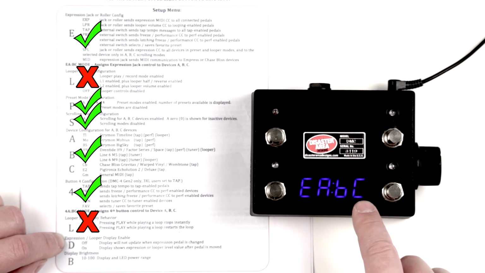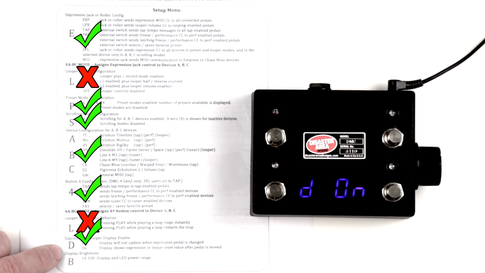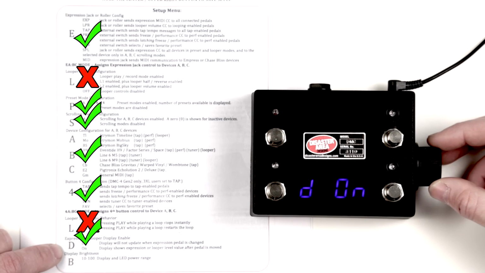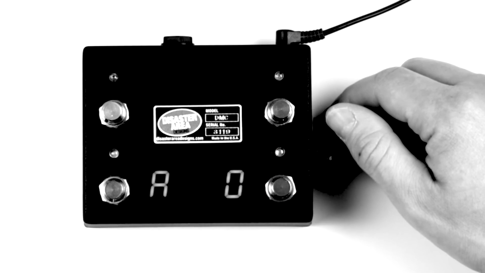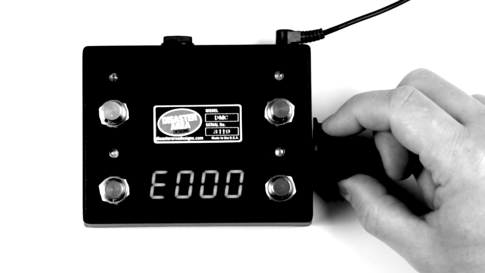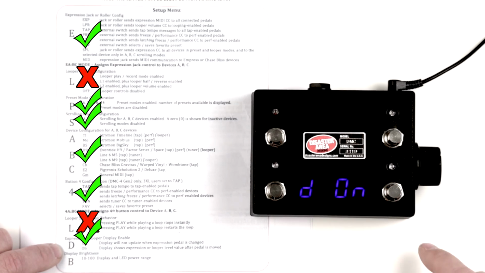I have it set up to just control all three. Okay, moving on down the list, we can turn the expression looper display on or off. And what this does is as you roll the expression roller, it takes over the display and shows you what the CC value is. It's pretty handy. I like to have it on. You can toggle it off or on.